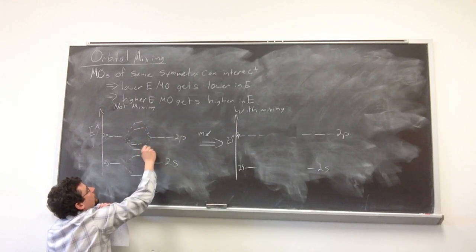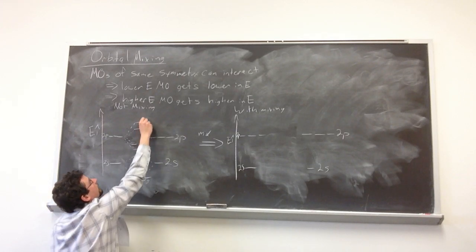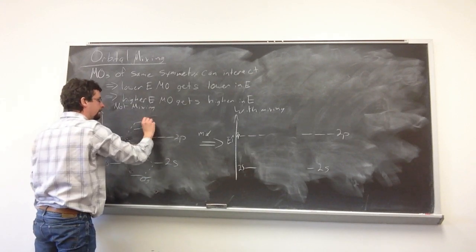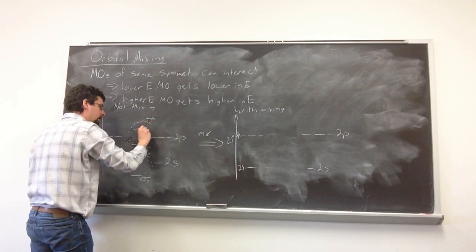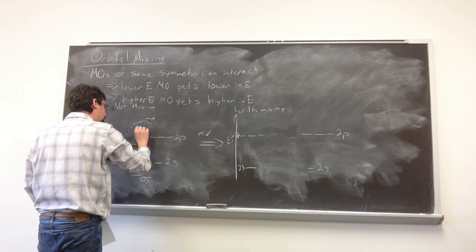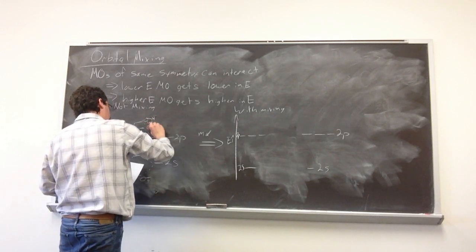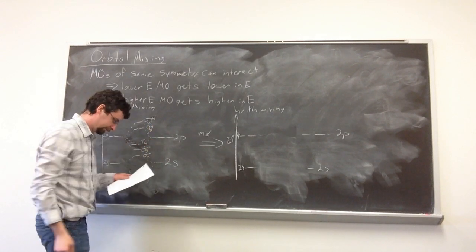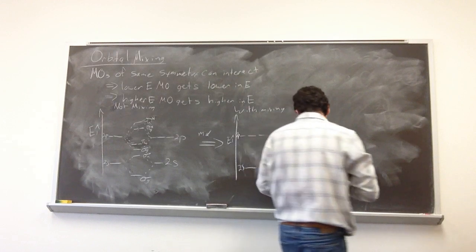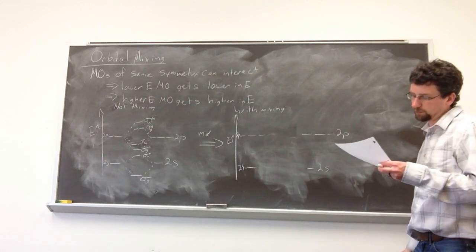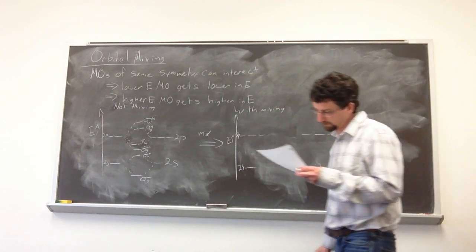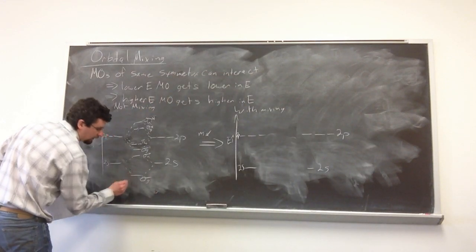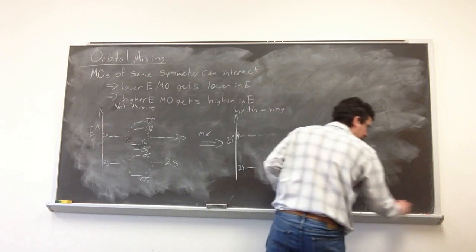So we got sigma G, oops, not star. Sigma U star, we got pi star G, pi U. Okay, and we want to circle orbitals that are going to interact with one another, ones that have the same symmetry.